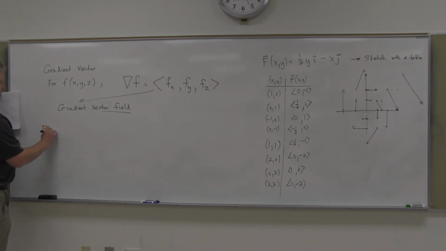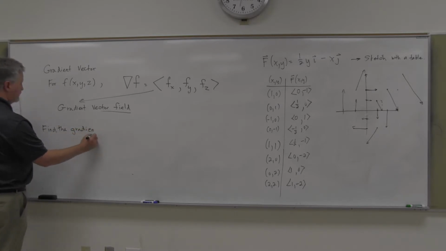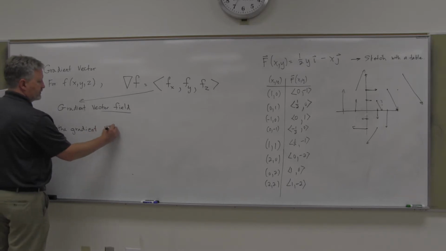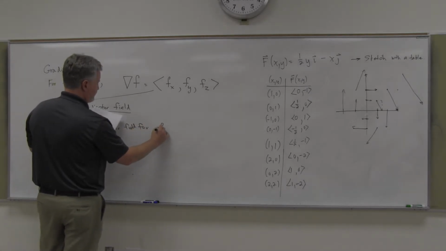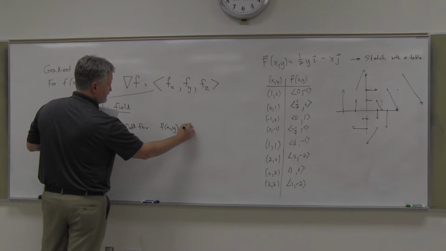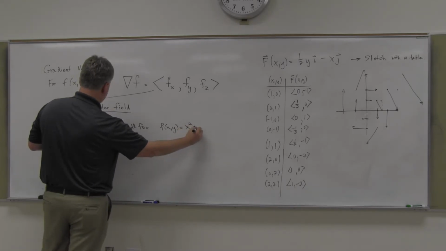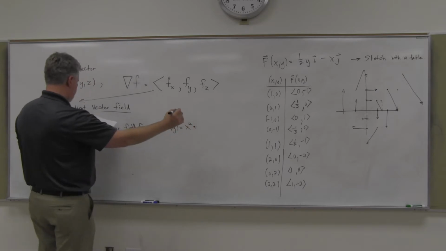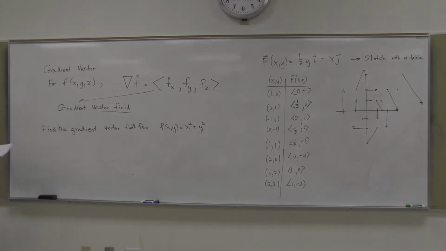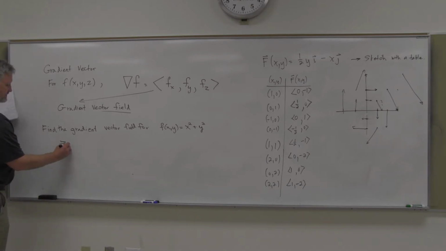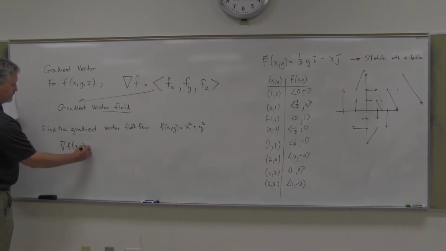So let's find the gradient vector field for f of x, y equals x squared plus y squared. The gradient vector field is just the gradient.